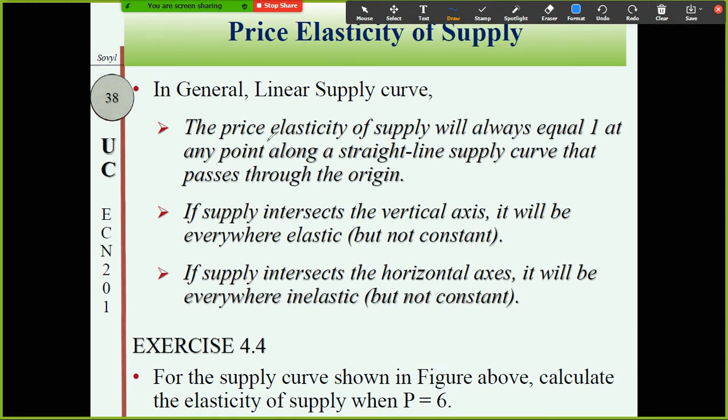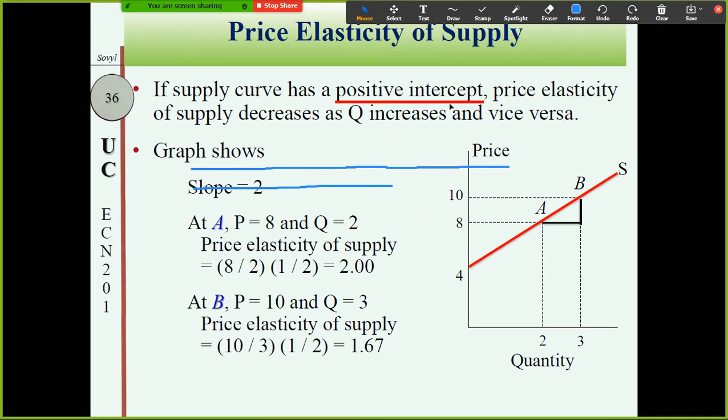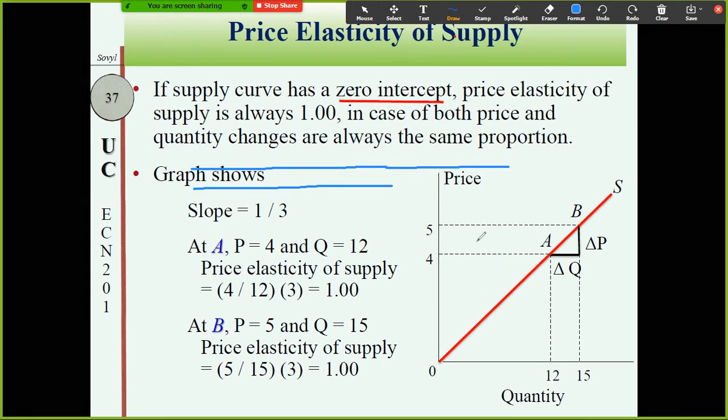The price elasticity of supply will always equal 1 at any point along a straight line supply curve that passes through the origin point. What does it mean, origin point? This one is the origin point. Pass through the origin point.